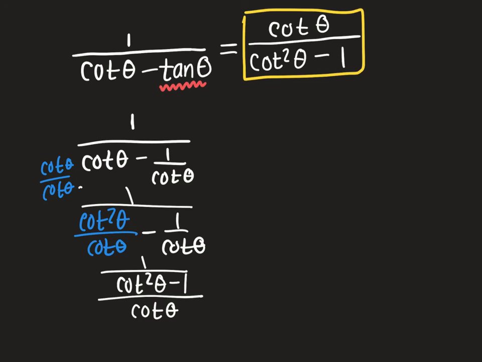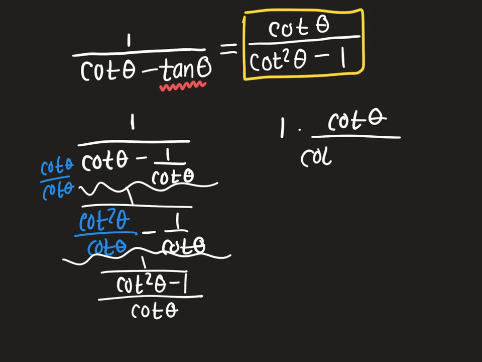So now we have to cancel out a cotangent. Oh wait, no, we flip it and multiply. So we're basically doing 1 times cotangent theta over cotangent squared theta minus 1. And then we don't really need the 1, so then we did it.